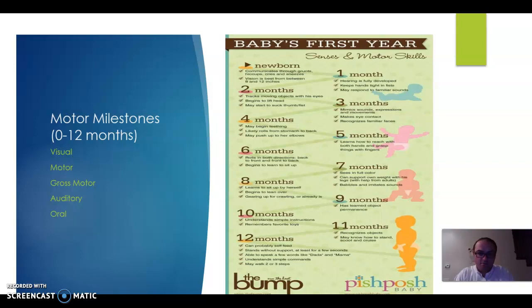And then also, we all know that children like putting things in their mouth, and it helps them to understand their environment. And that's imperative for later on movement. And this chart shows a lot more specific motor milestones that need to be met in order for a child to be properly developing.